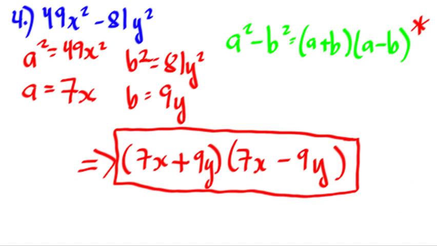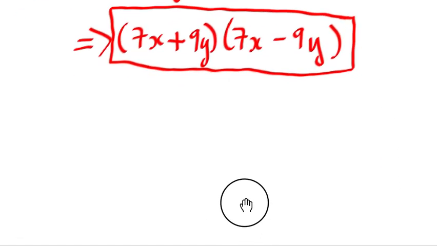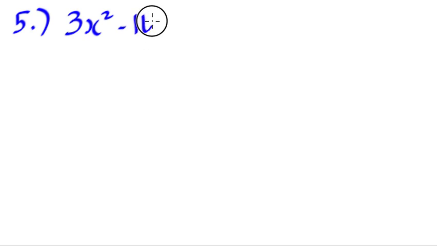Okay, and lastly, we're up to our last and final item. So what we have is number 5. Let's write it here. So we have 3x squared minus 10xy minus 8y squared.